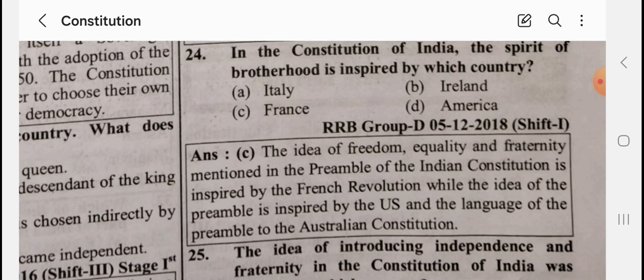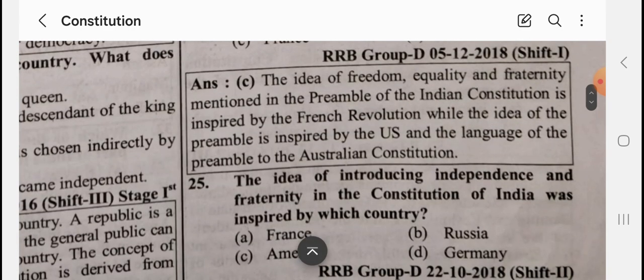So there are three different things taken from different countries related to the preamble: the preamble from US, its language from Australia, and the fraternity from the French Revolution.